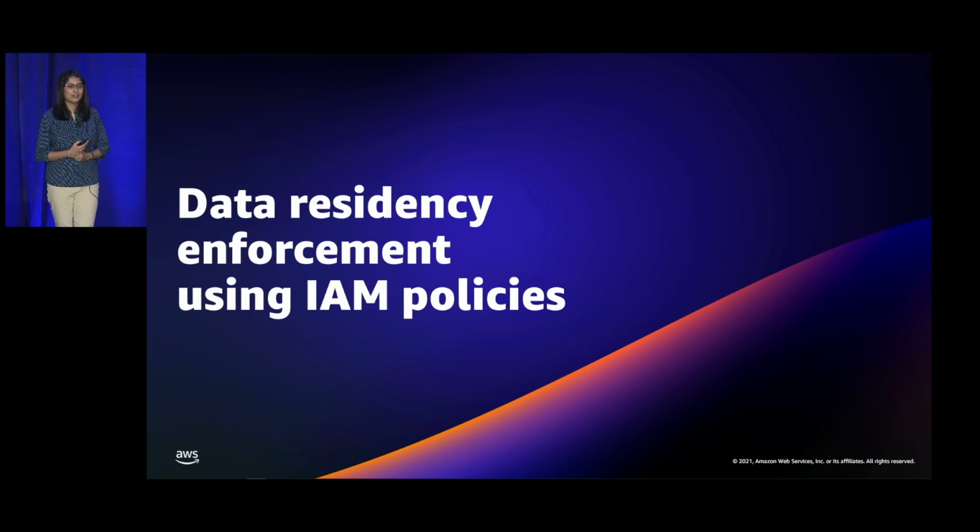So let's see how we can enforce data residency using IAM. IAM is Amazon Identity and Access Management that can be used to control the permissions on AWS accounts for IAM users, IAM roles, or any other identities while working with different AWS services.